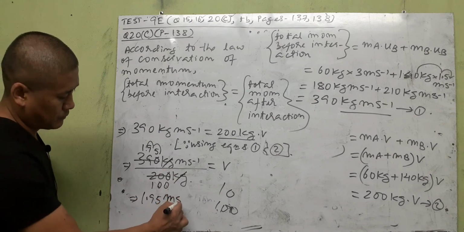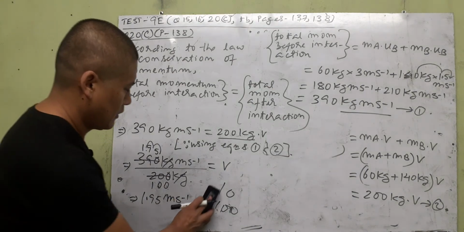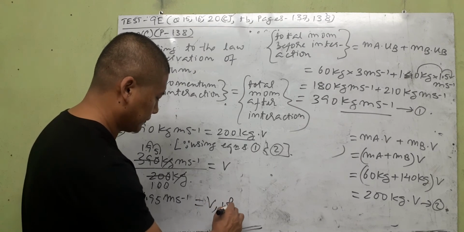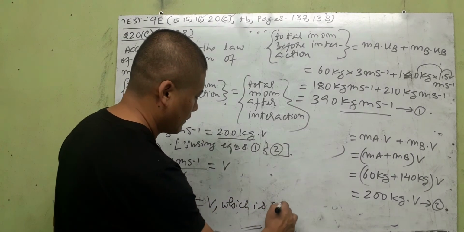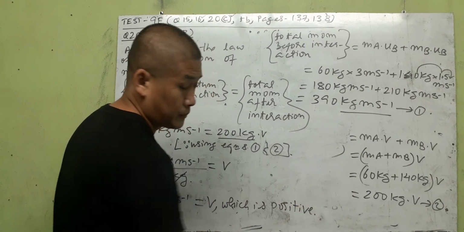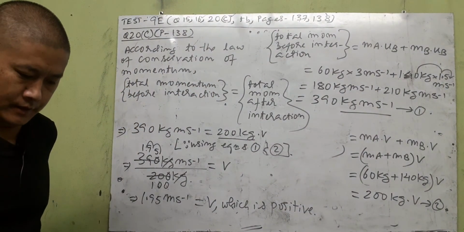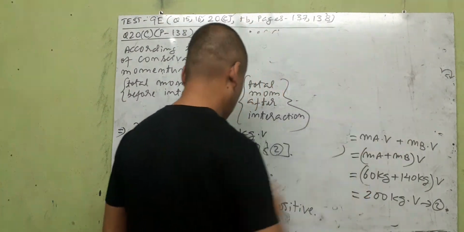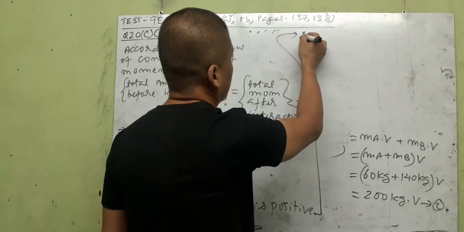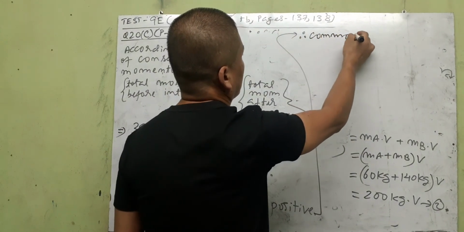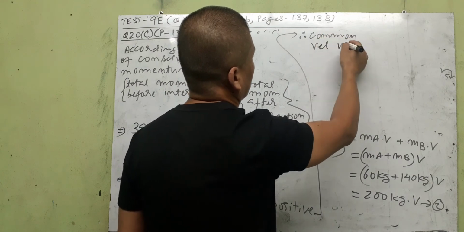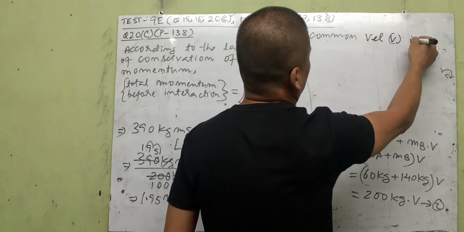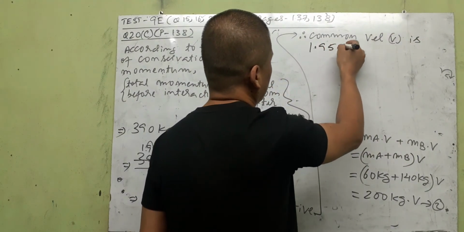Meter per second is the SI unit of velocity. So this is V, and you can write it as positive, plus. That is important. Go back to the question: what is the common velocity? So you can write the final answer. Therefore, the common velocity V is 1.95 meter per second.